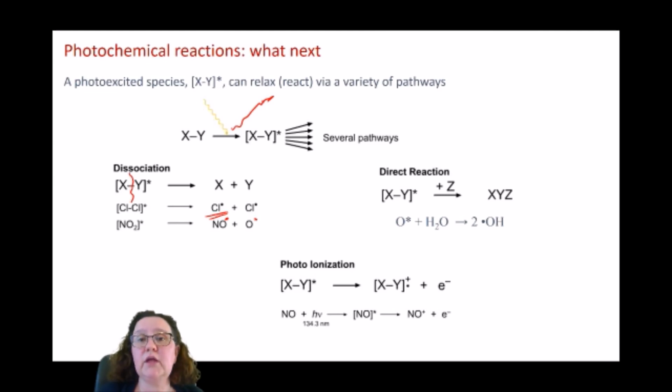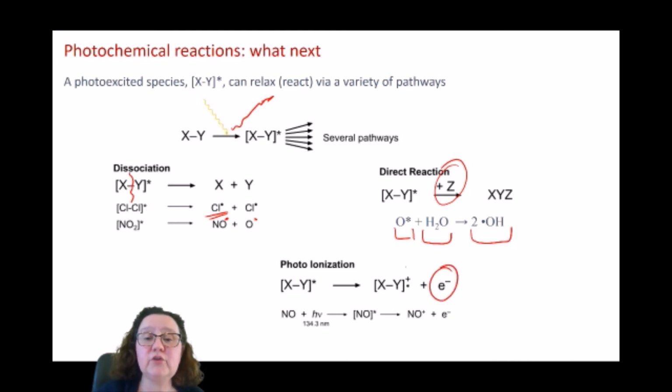Other times it might find another chemical and produce a reaction. So you end up not with just splitting the bond, as in a dissociation process, but making a different compound. This is, for example, when an atom of oxygen in an excited state finds a molecule of water, and you can create the hydroxyl radical. And another pathway that a molecule in that excited state can take is what we call photoionization, which is it liberates an electron and it becomes positively charged, a radical with a positive charge.